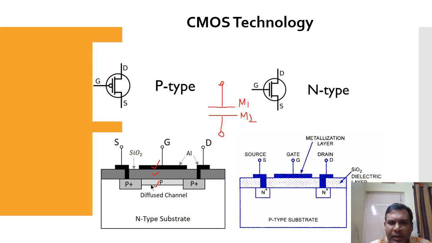Here the source terminal is directly connected with an N positive diffused region, and the drain terminal is also connected with an N positive diffused region. The substrate material is P-type, the gate terminal is metal, and in between the gate and the semiconductor there is a dielectric medium, which is a thick silicon dioxide layer. The source and drain are both metal contacts.